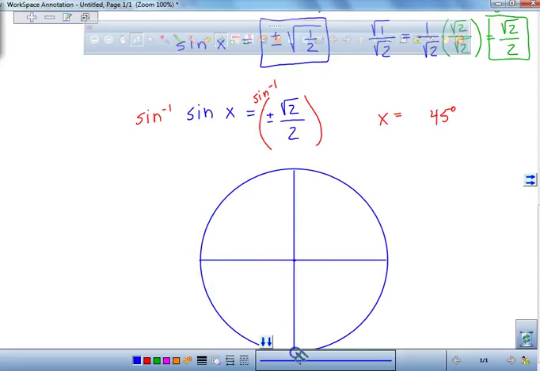Now, we're going to look at all the places that you can make a 45-degree angle. Right here is a 45-degree angle. Right here is going to be a 45-degree angle with the x-axis. Right here is a 45-degree angle. And right here, I feel like I don't see the 45-degree angle.